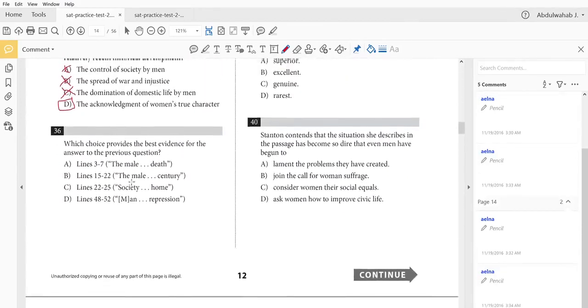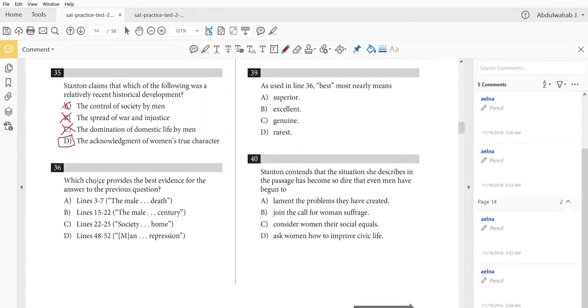So this question is followed by which choice provides the best evidence for the answer to the previous question. Again, you could go through all of these, but we've done this before, and we said that when you're confident of your answer on the previous question and you know where you got the information from, you don't actually need to go through each and every one of those.